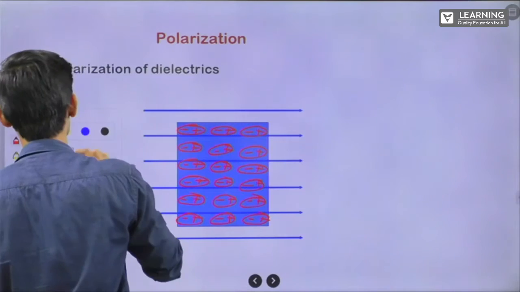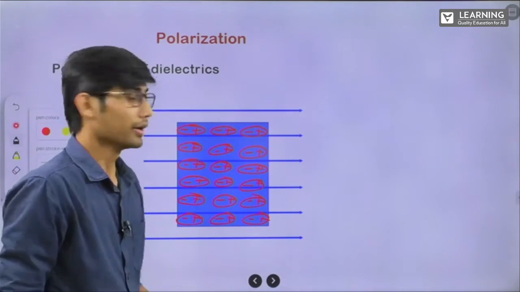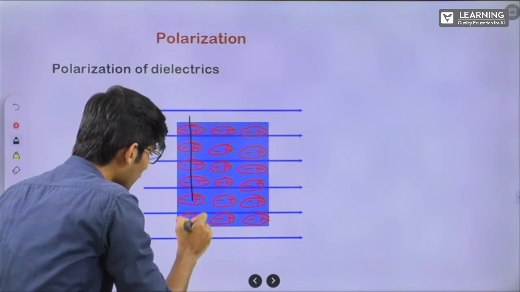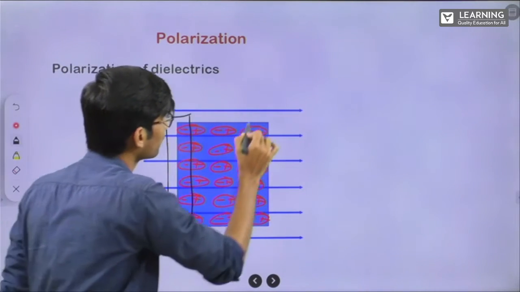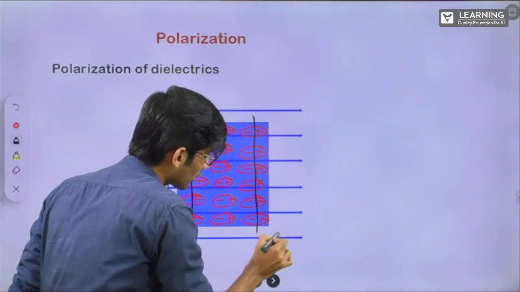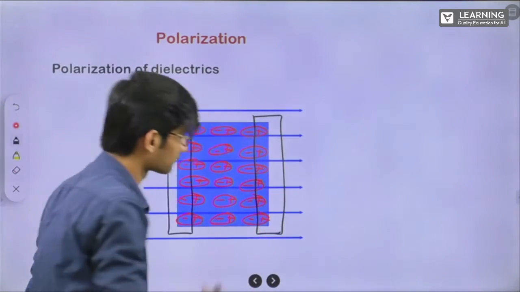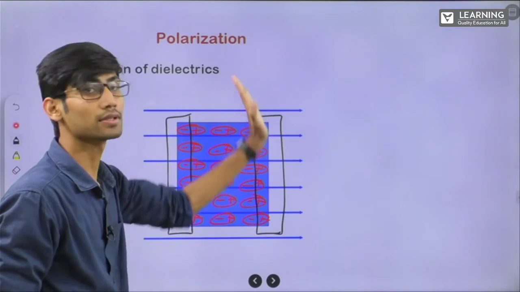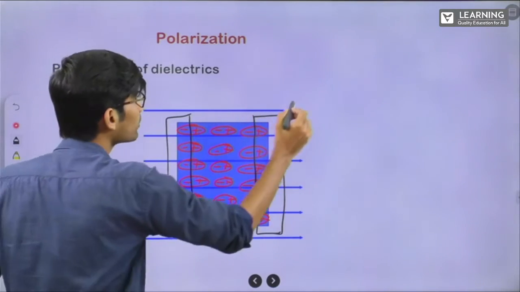Now see, if you see this side, as I already told, complete negative charge is there. If you see this side, complete positive charge is there. Correct? This is negative, this is positive.